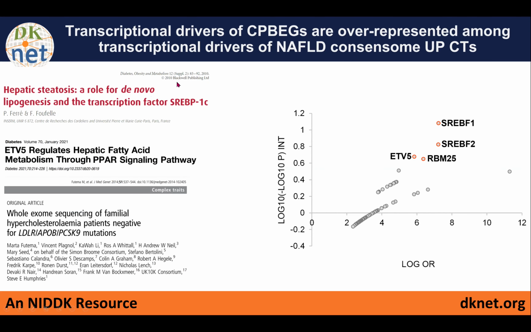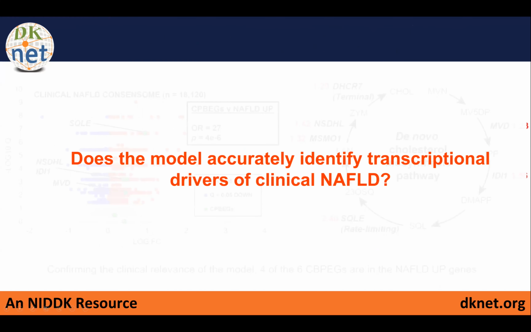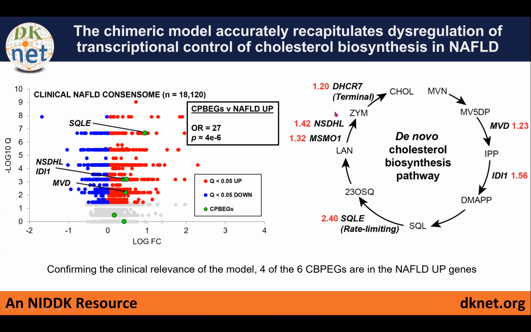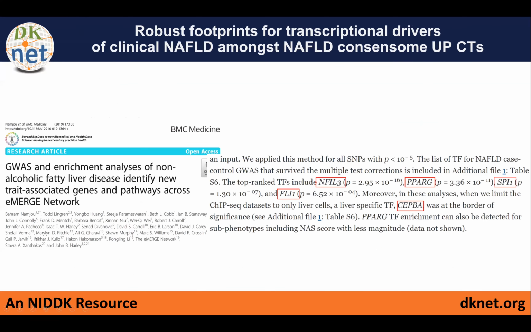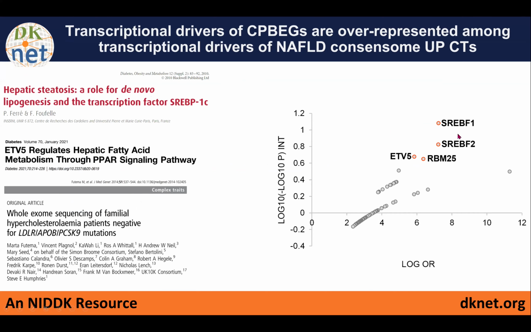And next, we did HCT intersection analysis on these 6 targets, and what we found was that we got 4 nodes, all of which have been shown previously, or have been linked to NAFLD.